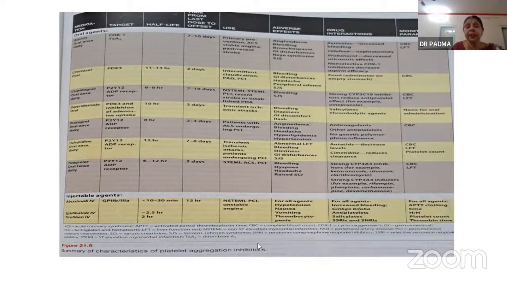In acute coronary syndrome we use 325 soluble aspirin; in stable angina, spastic angina or recent stroke, 150 milligrams; whereas in primary care it is only 75. So you have to remember where 75 is used, where 150 is used, and where 325 soluble aspirin is used, and it is the most needed one today, because geriatrics is the most common population we are seeing.